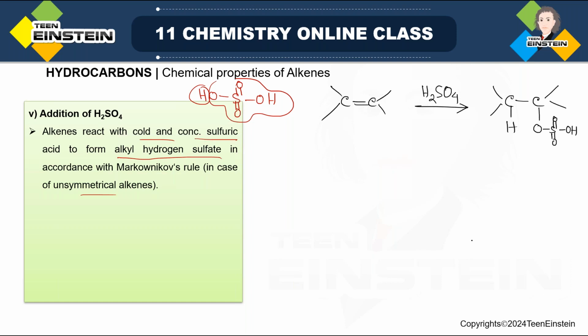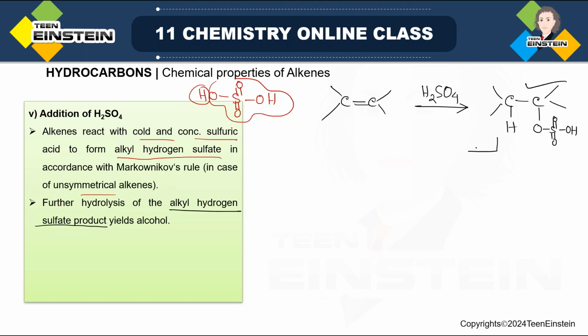This is the net addition to this C=C double bond. Now comes further hydrolysis of the alkyl hydrogen sulfate. This alkyl hydrogen sulfate product is this one.